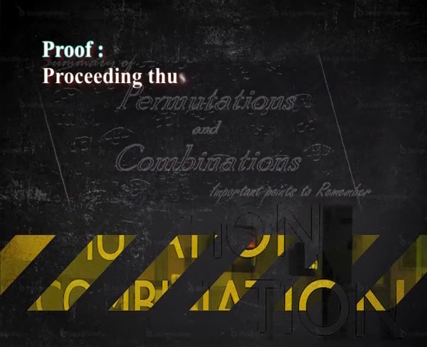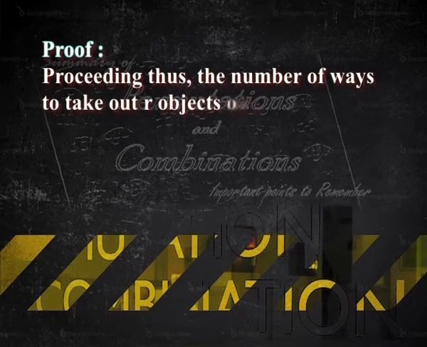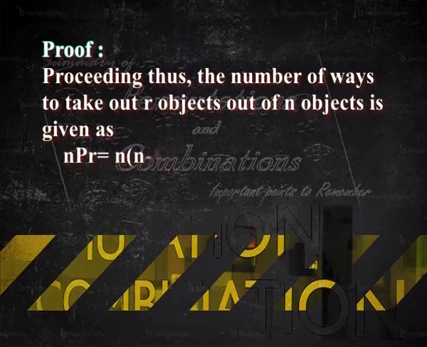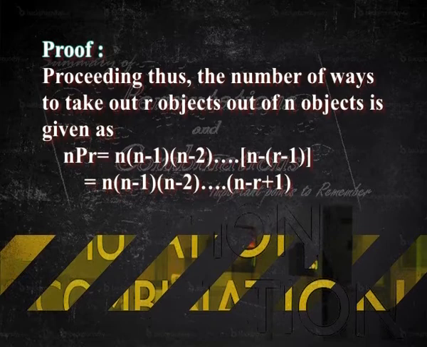Proceeding thus, the number of ways to take out r objects out of n objects is given as n permute r, which is equal to n into n minus 1 into n minus 2, and it goes on to n minus r plus 1.